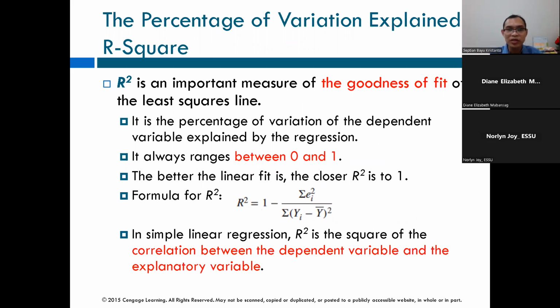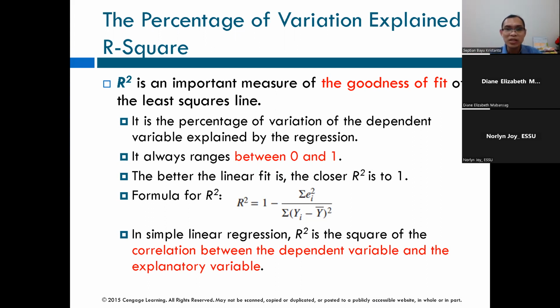You can use the symbol R square. Maybe this is not unfamiliar in your statistics. R square is a very important measure to compare the goodness of fit of your data. What is the meaning of goodness of fit? It shows how well your explanatory variables can predict the dependent variable in a regression analysis.